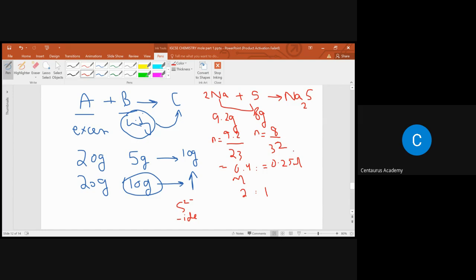So if 0.4 moles of sodium is used, how many moles of sulfur should react? Half the quantity, obviously. 0.4 divided by 2 is 0.2, not 0.25. This means sulfur is in excess and sodium is the limiting reagent.